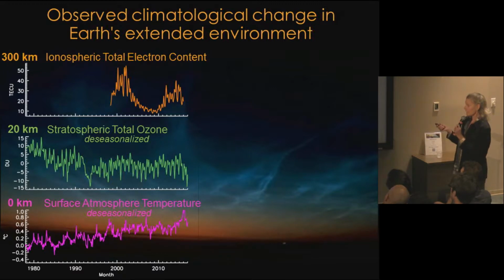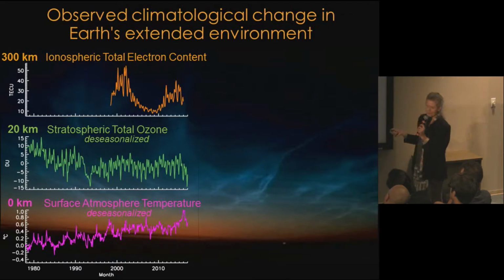So what happens when you remove or deseasonalize the time series that I showed you earlier? First of all, you can't do it for total electron content because it's so interwoven with the time series itself, because solar activity modulates it. But here I've deseasonalized total ozone, and here I've deseasonalized surface temperature.